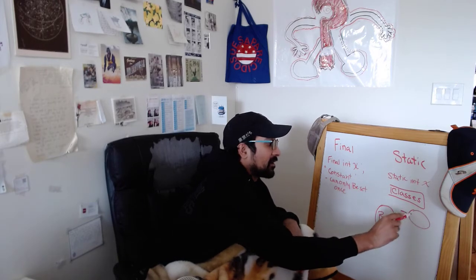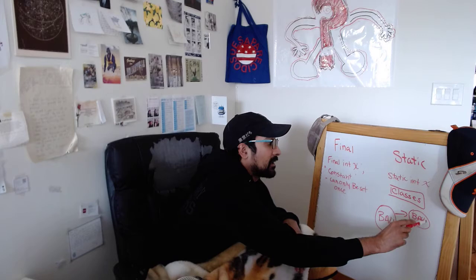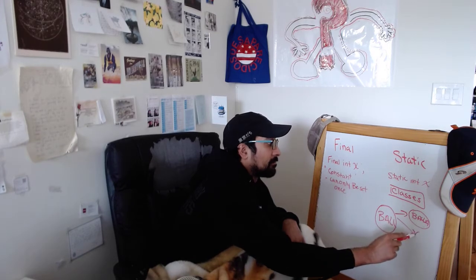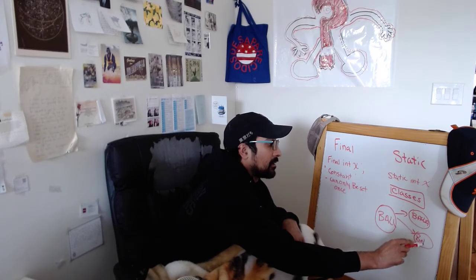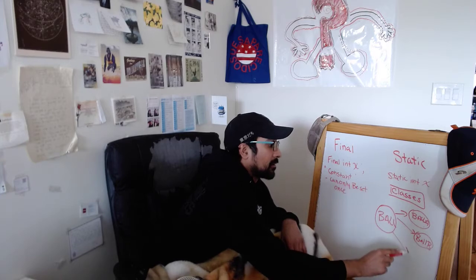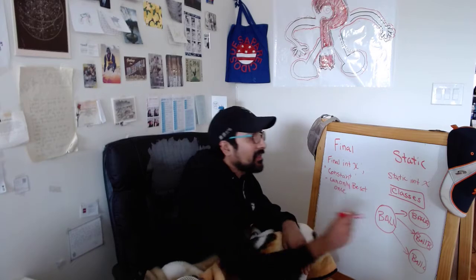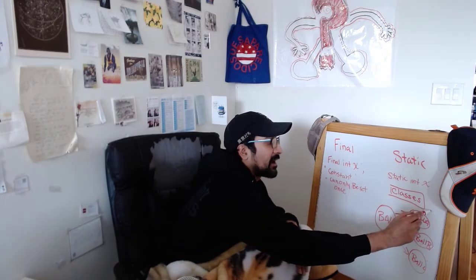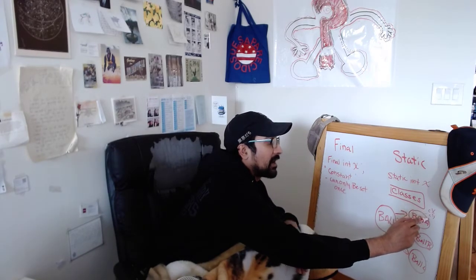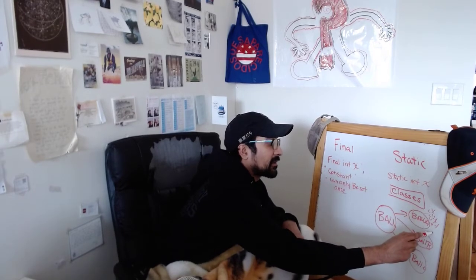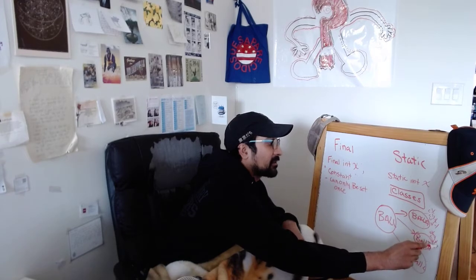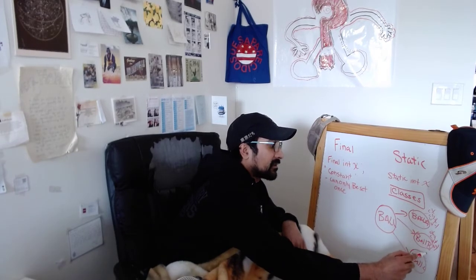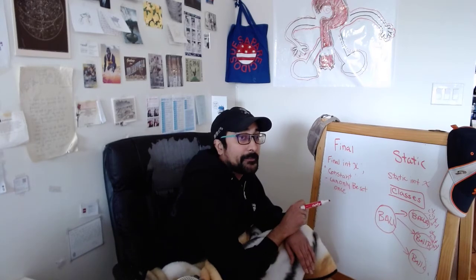And I can make ball A and ball B and ball C. And ball A has its own center x, center y, velocity x, velocity y. And ball B has its own center x, center y, velocity x, velocity y. And ball C has its own, blah, blah, blah. Okay, you get it.